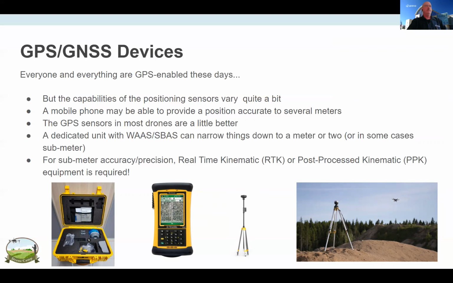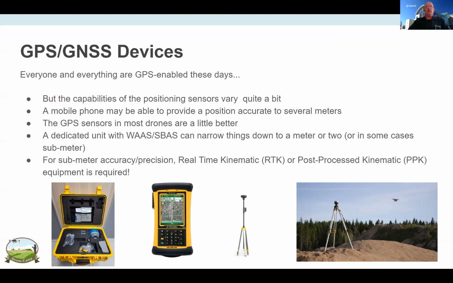So GPS, and more properly, the term should be GNSS, which stands for Global Navigation Satellite System. Devices are ubiquitous now. They're everywhere. Everything we do seems like has some kind of GPS attached to it, or telling us where we are in our cars, with our phones, everywhere.